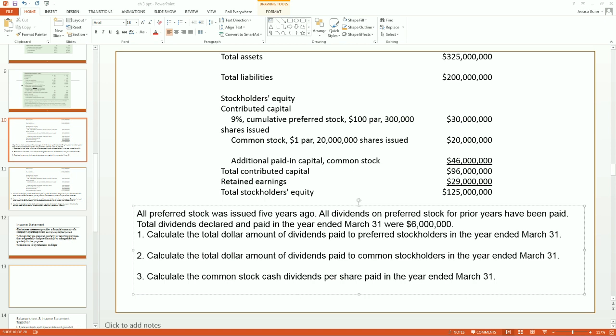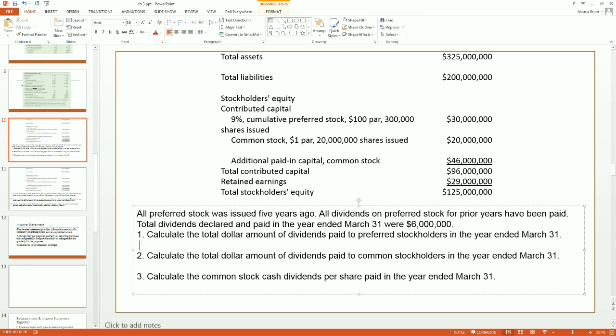So if the dividends for prior years on the preferred stock have been paid, so they are up to date, and new dividends declared were $6 million, we can calculate the total dollar amount of dividends paid to preferred shareholders in the year end March 31st.